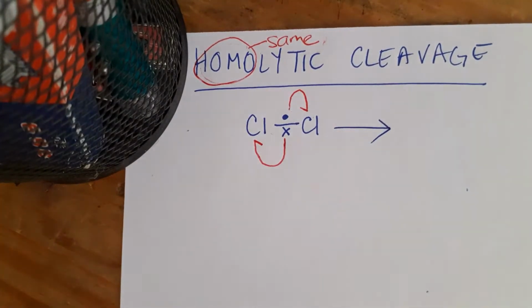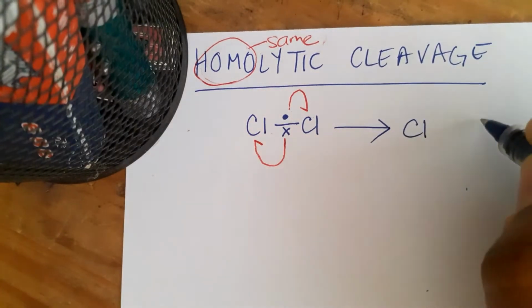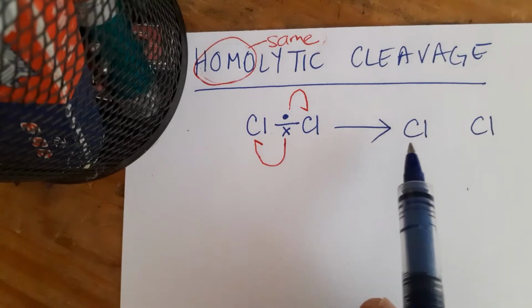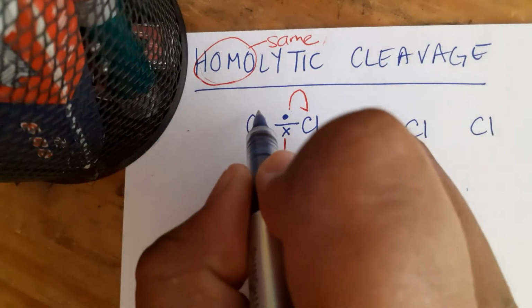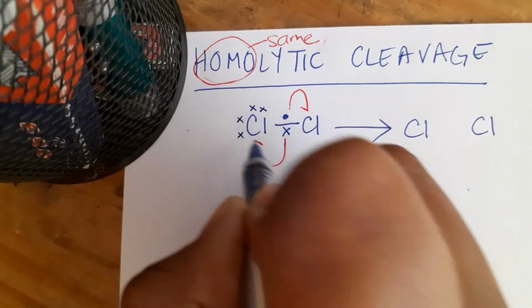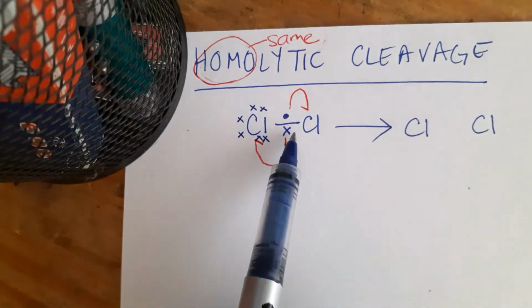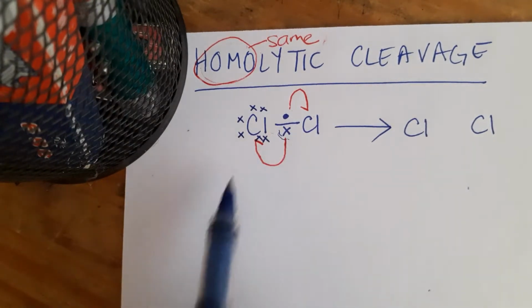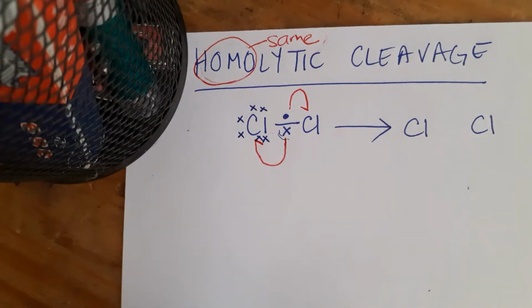What you will end up with is two chlorine atoms. Remember now, each chlorine atom had 6 electrons to begin with, and then it got back the electron that it had originally given to the bond.